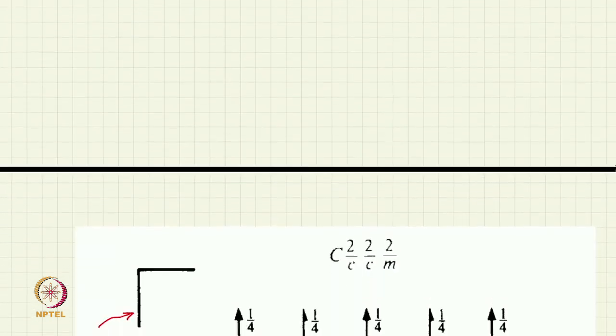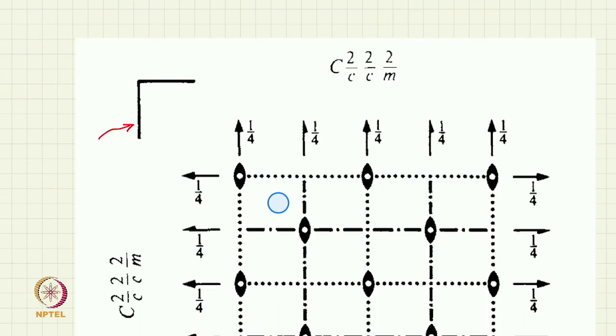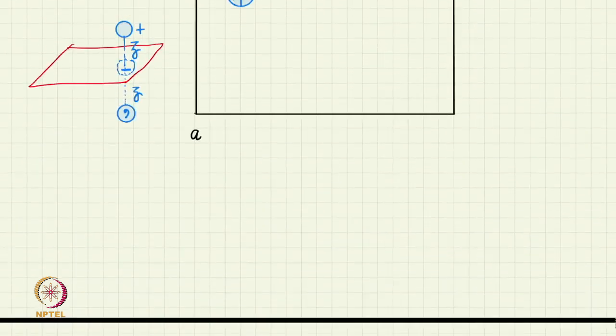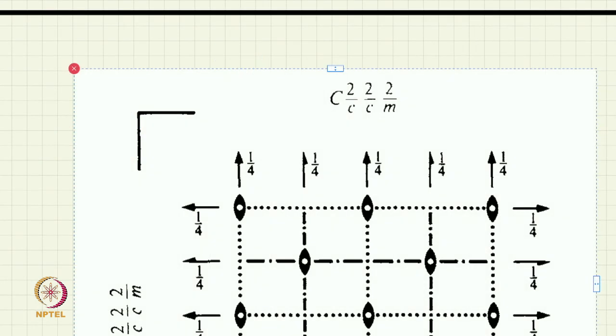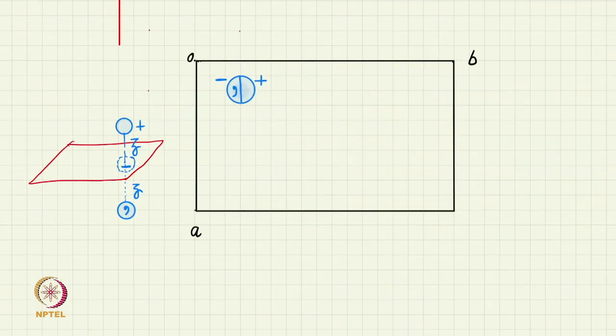Let us consult the symmetry diagram. Another important symmetry is this two-fold axis with a center of inversion. This two-fold axis is perpendicular to the mirror plane, and so in my perspective diagram, that will be a two-fold axis perpendicular to the mirror plane, and in the projection notation it is shown like this.